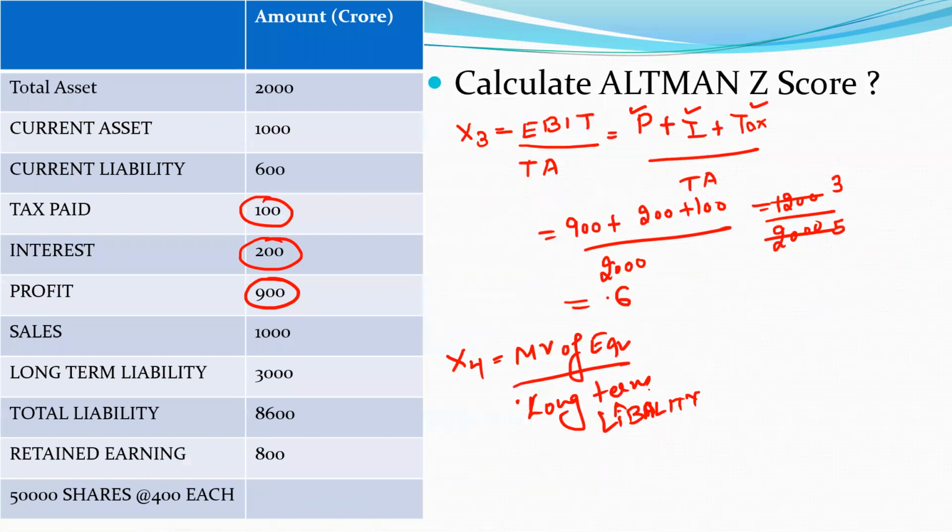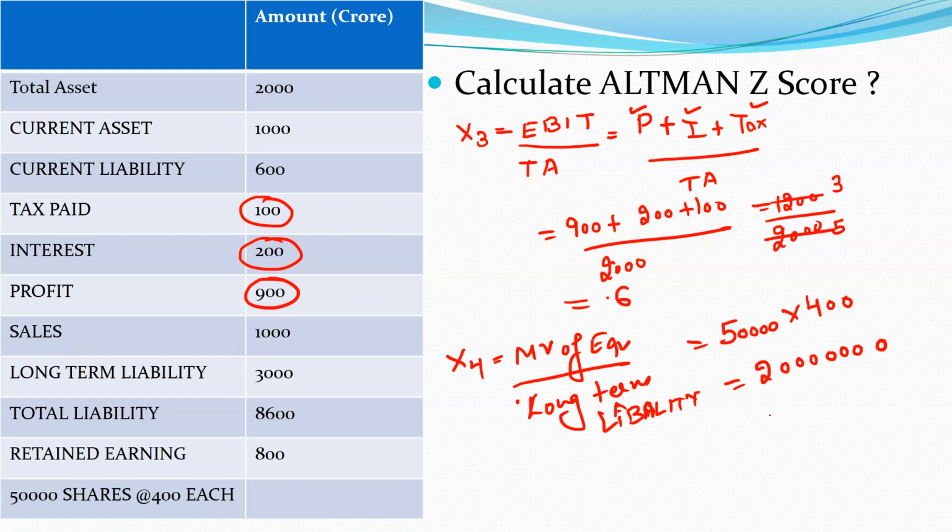Total shares here is equal to 50,000, and the market value of one share is 400. So 50,000 into 400 gives 2 followed by 7 zeros.